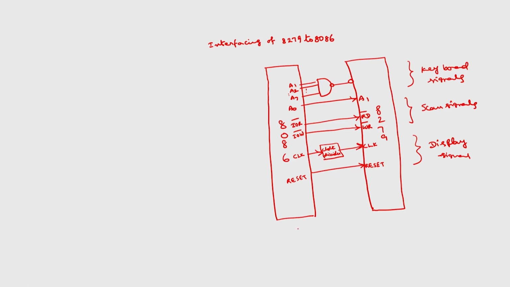Then coming for the addresses, similar to the previous interfacing. All these should be 1 to select the chip. The chip select will be 0 if all these bits are 1s.